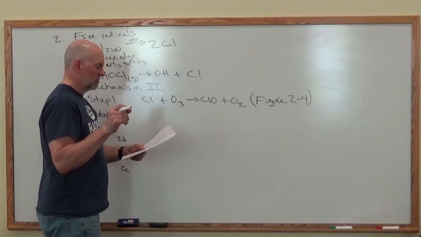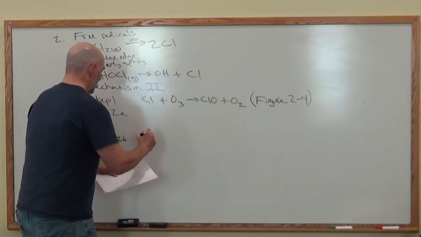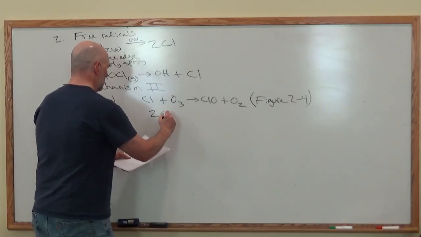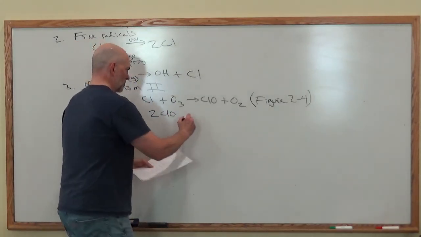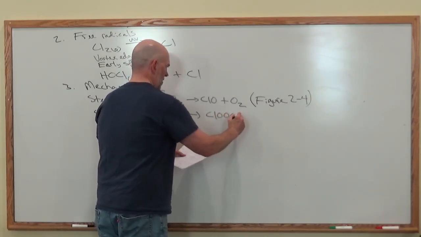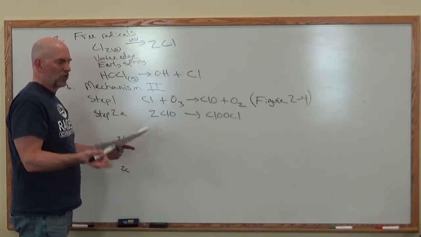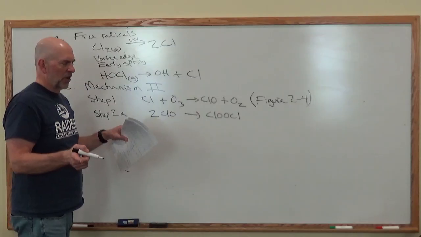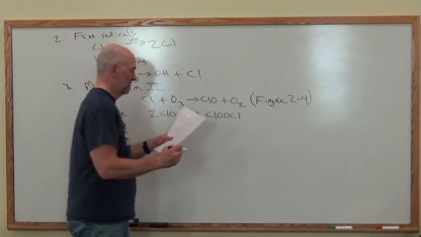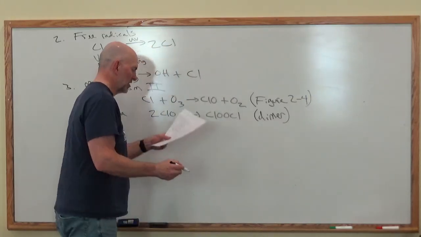Is the second step, 2A, 2 of those combine. And they actually just simply bond together. So 2 radicals, that happens all the time. 2 radicals, they're unstable, they each have a lone electron, so they just form a bond. And that's given a specific name. That's called a dimer, when 2 of the same thing bond together.